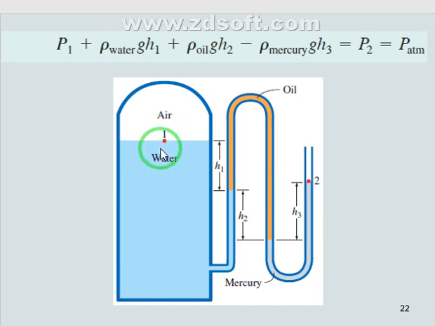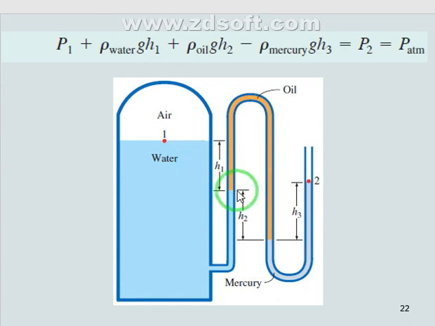For any manometer, especially a multi-fluid manometer, we start from the left side with P1 here, which is the atmosphere, the air pressure. Then I look at the next change of the liquid. We have oil here and mercury here, right? The next change after one, I go water, water, water, and I see oil here.